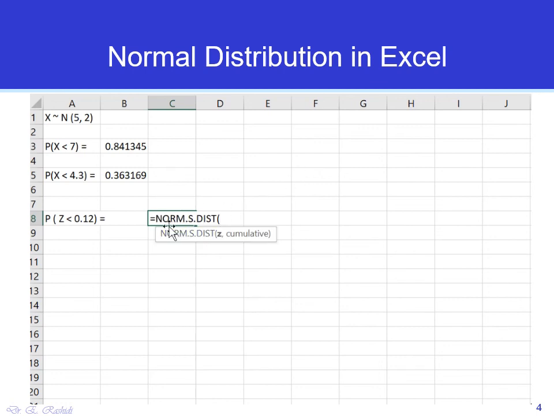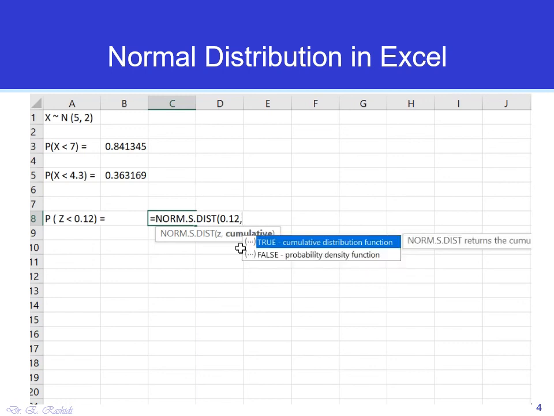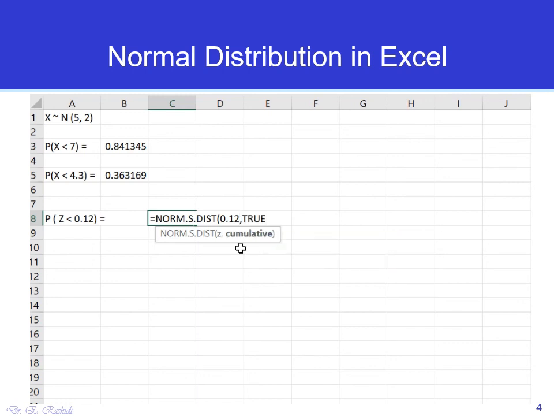The first parameter is z, which is here 0.12. Here we don't have mu, the mean, and the standard deviation, because the mean and standard deviation of the z distribution are 0 and 1. So the function already knows that, and we are looking for a cumulative. So we put true or 1, and we hit enter, and we get the probability.